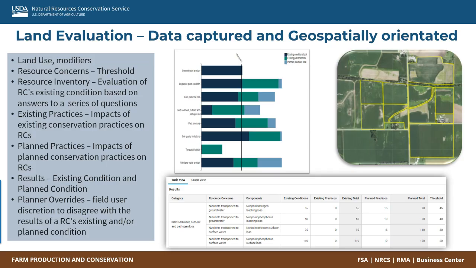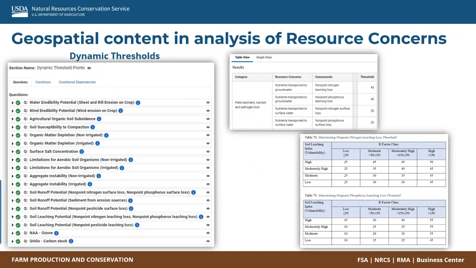So that geospatial understanding built into this system feeds back into adjustments we make, and ultimately impacts the ranking for you all. So let's talk a bit about some of that geospatial content in the analysis of our resource concerns.